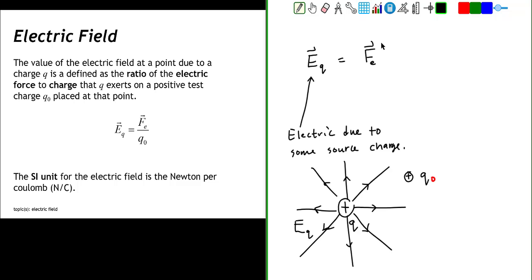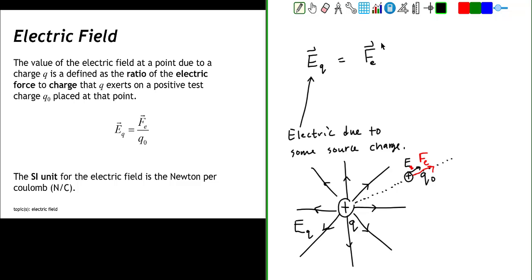That positive test charge at that region of space lies along an electric field line. So it will experience an electric force that is repulsive. So this will represent the electric force at that point in space. And I'll just depict the electric field at that point as a small arrow next to it.